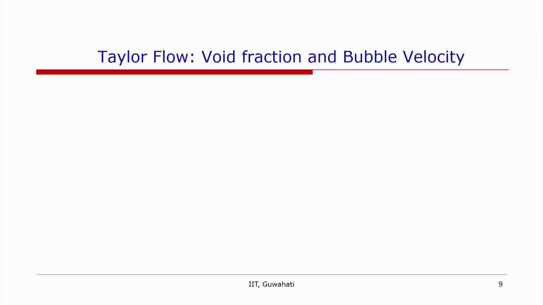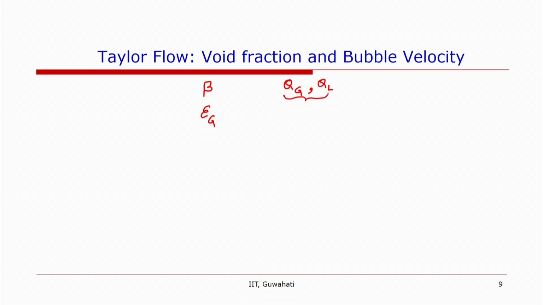So we had defined two void fractions, beta and epsilon g, and generally what we have at our disposal is the flow rate of gas and the flow rate of liquid from the experiments.